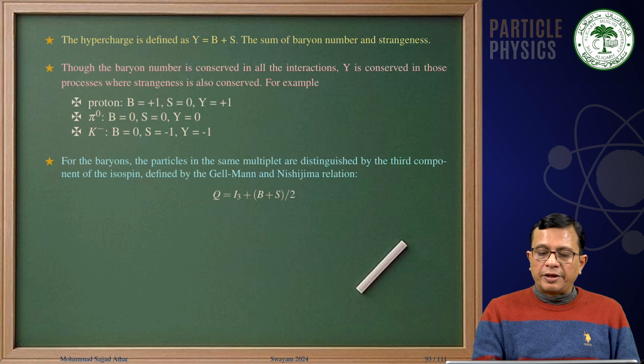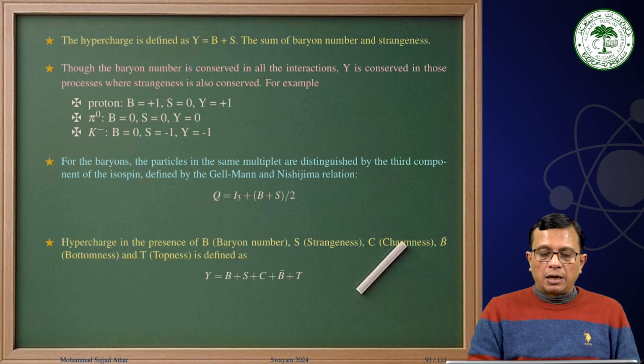Now, further, if we move ahead, then when we talk about charmness, bottomness, and topness quantum numbers, then this is given by Y is equal to B plus S plus C plus B plus T. This is charmness.